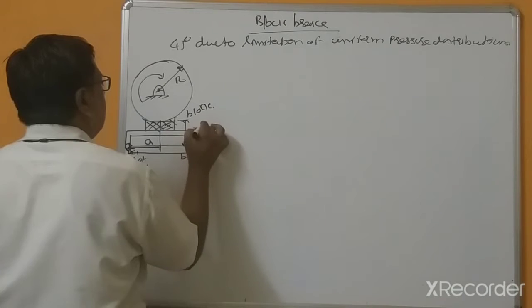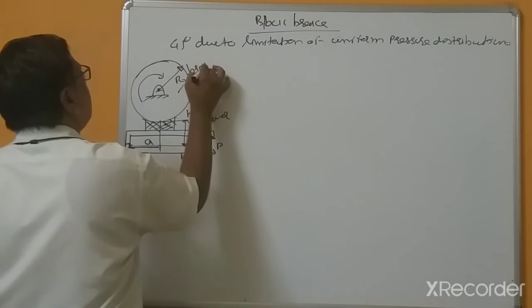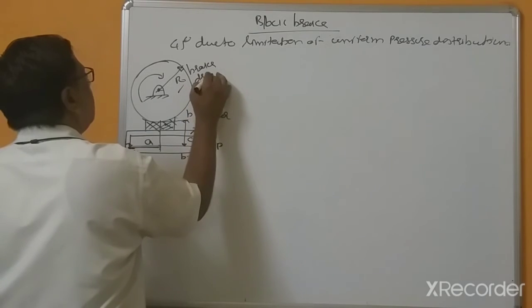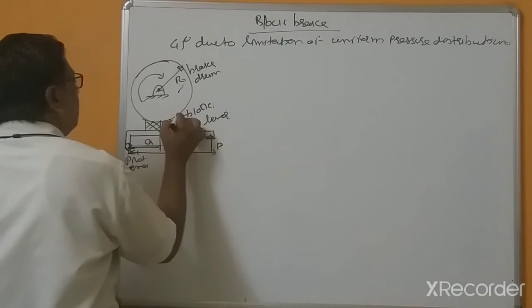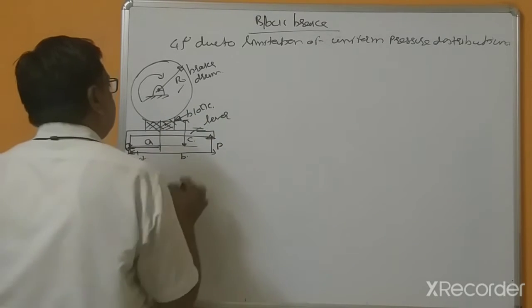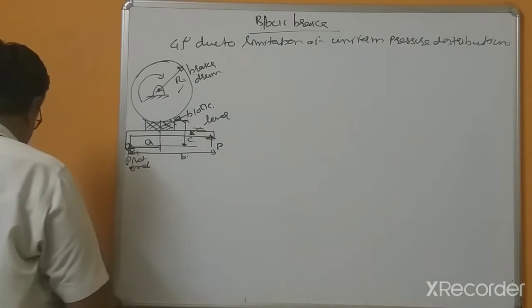This is the block. This is the lever. This is the brake drum. This is the pivot end.